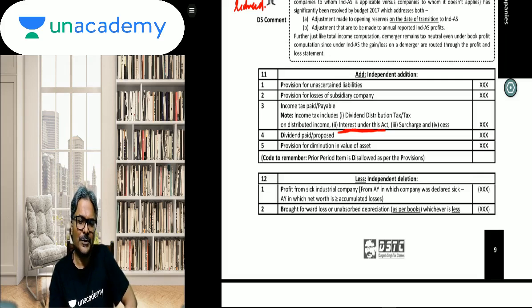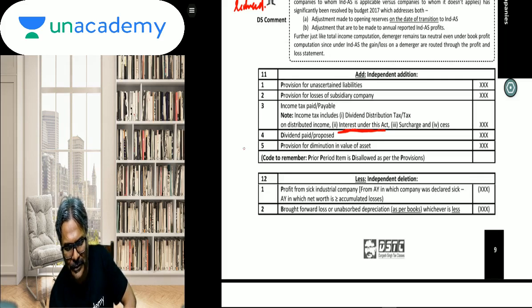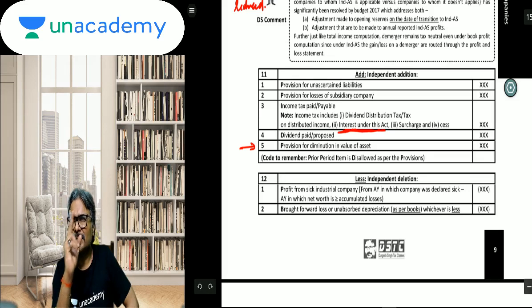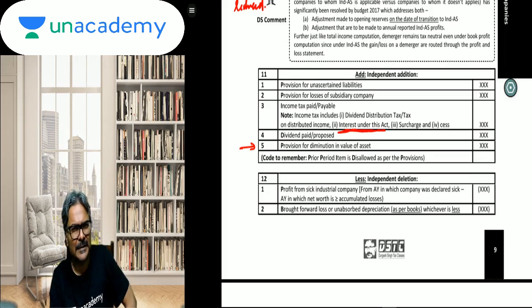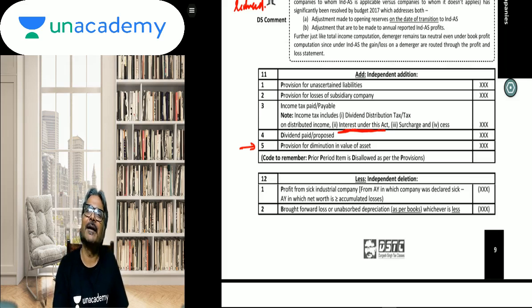Provision for diminution in the valuation of the asset. Now see, these are what I was talking about. This is not something which is supporting the underlying philosophy on the basis of which the MAT was being introduced.